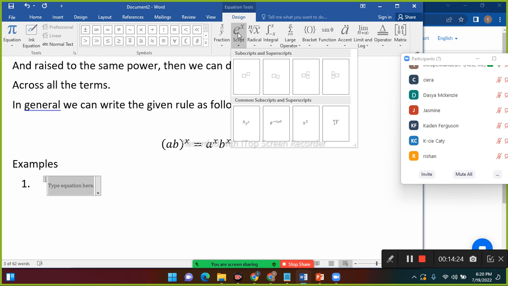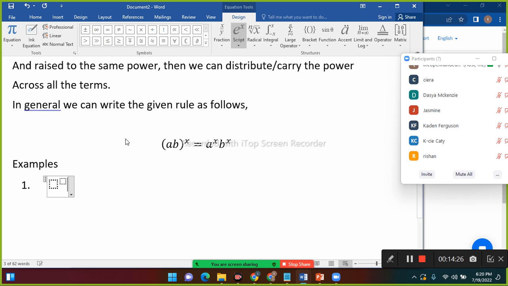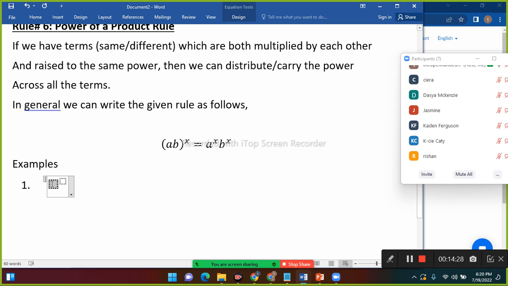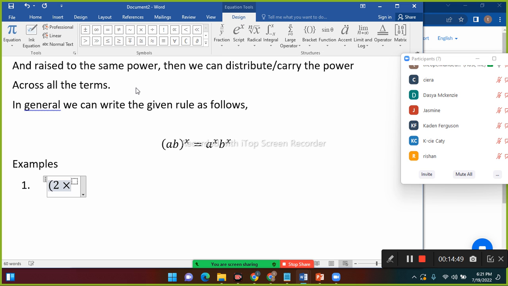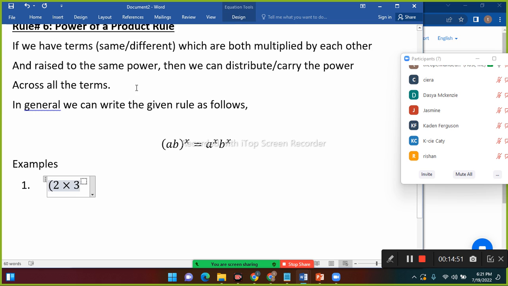I think 2 is good because 2 is easy, at least at first. It gives us a good starting point. So we have 2 times, let's say 3, and 2 times 3 all raised to the power of, say, 4.